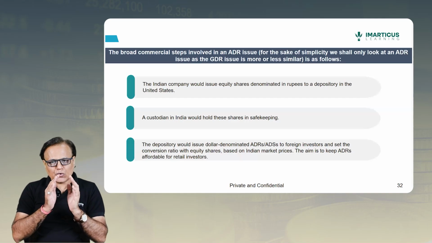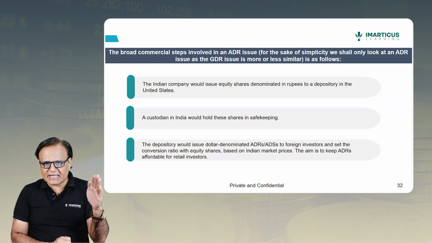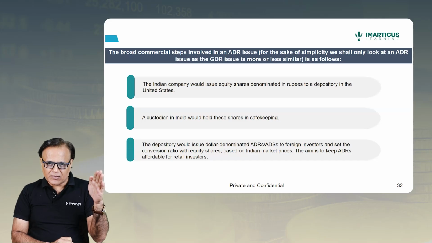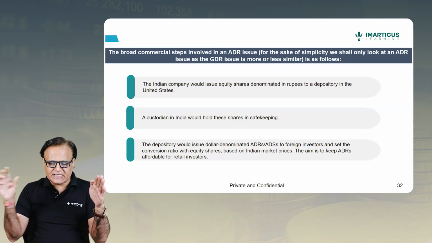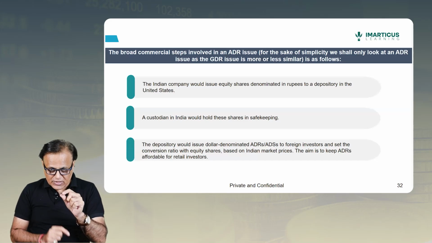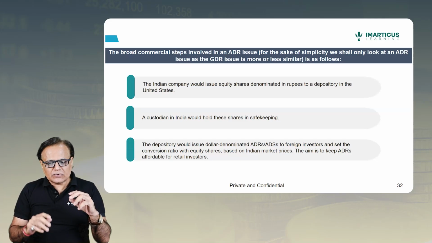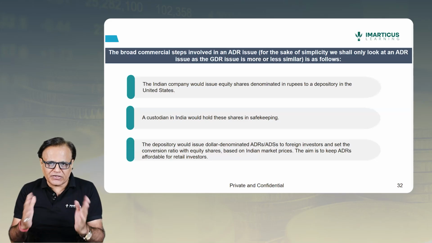So what we are talking about is that the depository bank in the US holding these shares is issuing certain receipts which represent these holdings. Now the ratio could differ.